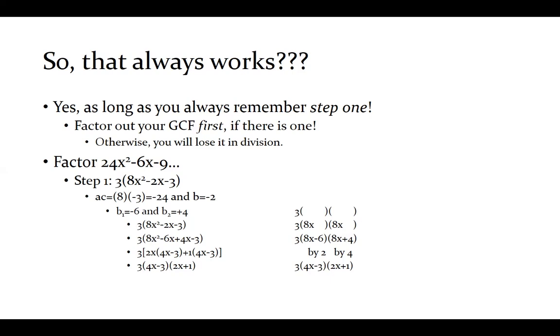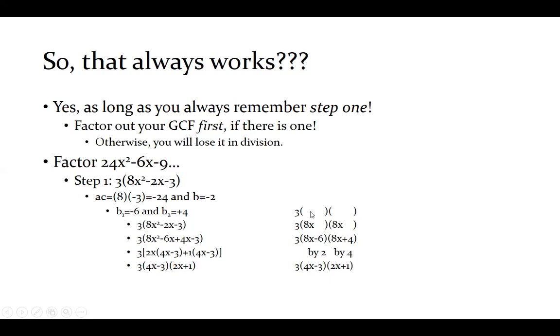Those numbers are negative 6 and positive 4. It has to be a minus 6. It has to be a plus 4. And if we continue down the left, there's proper factoring. Split up the middle term, factor by grouping, get the final factorization, 3 times 4x minus 3 times 2x plus 1.